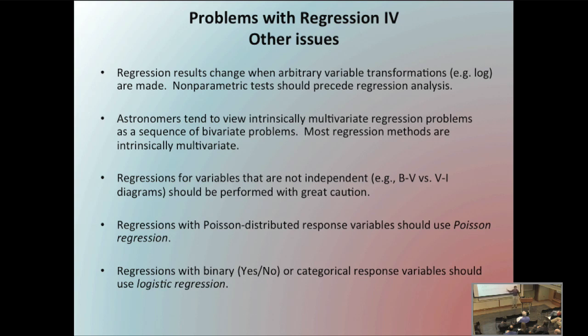Democrat, Republican, independent, or green, okay? And there's regressions for that too. So be aware that you don't need real numbers to do regressions. You can have categorical variables on either side of the equation, and the methods are different. You have to read a book written for social scientists, and it will tell you how to do it.